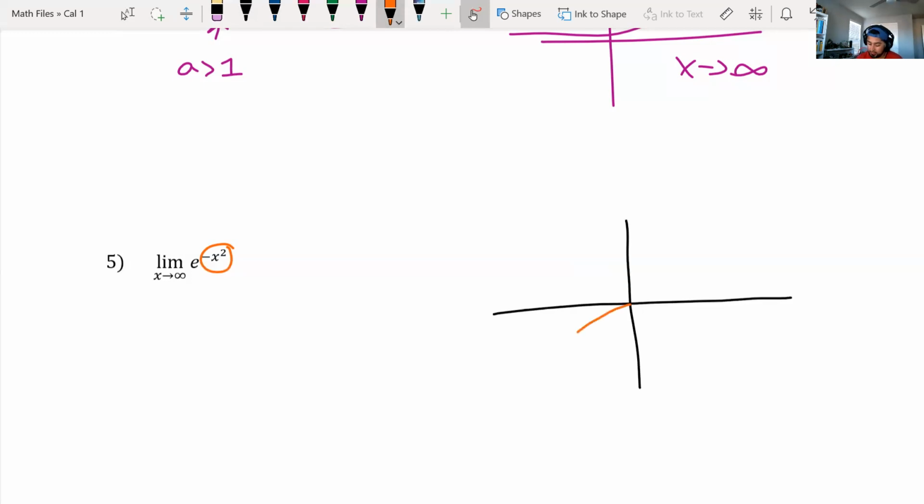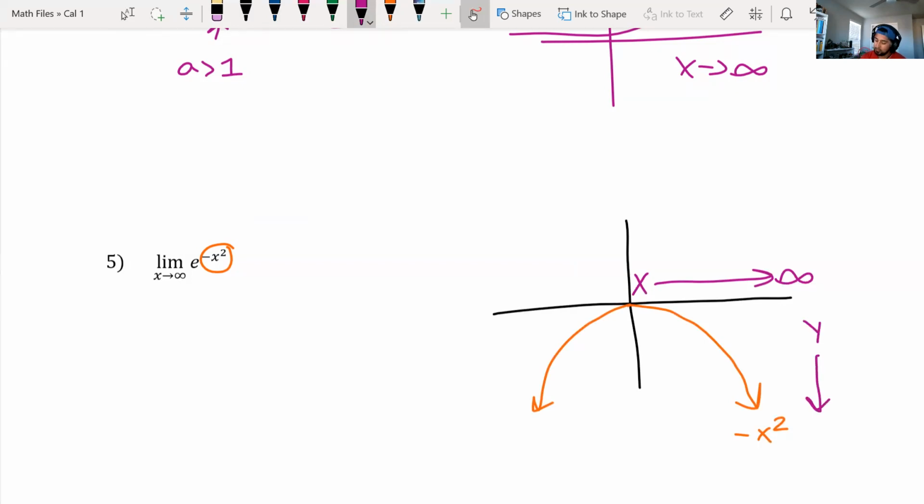Good. So this is what negative x squared looks like. And what we're saying is that as x goes to infinity, where are your y values going? Negative infinity. There you go. So as x goes to infinity, y is going to negative infinity.